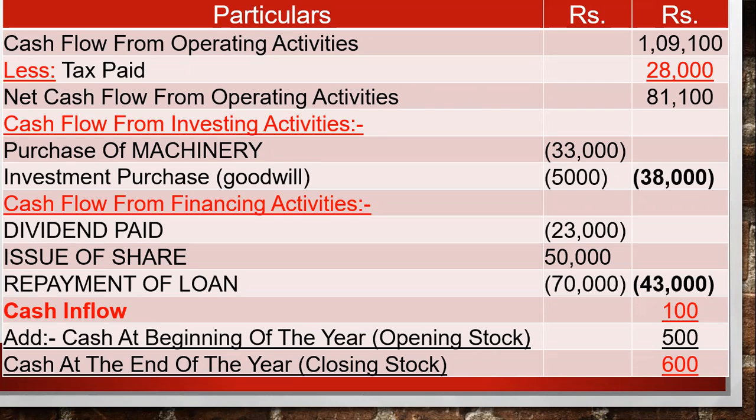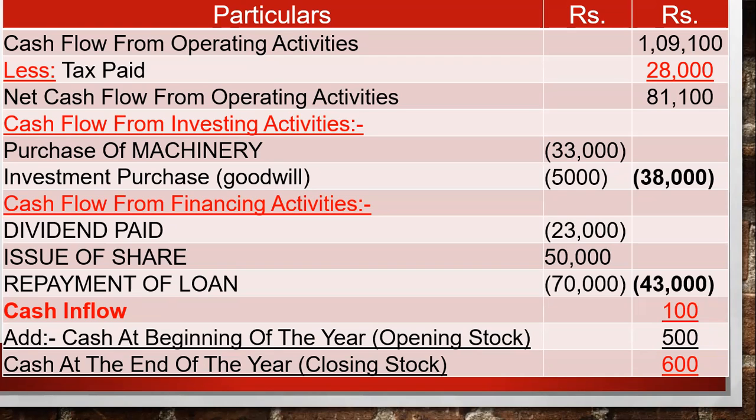After that, you have to calculate cash flow from investing activity. That is 38,000 in negative because you have invested in machinery and in goodwill. Clear, everyone? Both are cash outflows of the business, so you have to deduct this. So 81,100 minus 38,000.